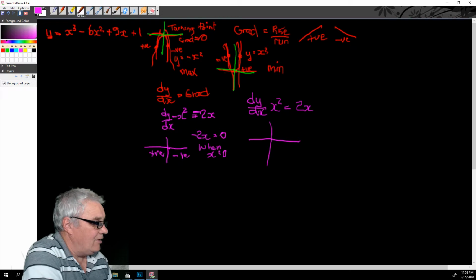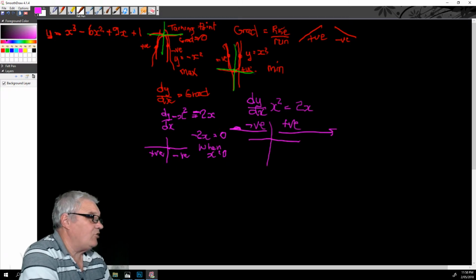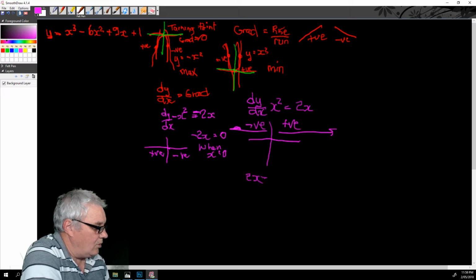So everything on this side, those gradients are going to be negative, and you can see how that coincides with the graph. Everything this way is going to be positive gradients. So this is the differentiation, it gives us the gradient, and the same thing, 2x equals 0 when x equals 0.